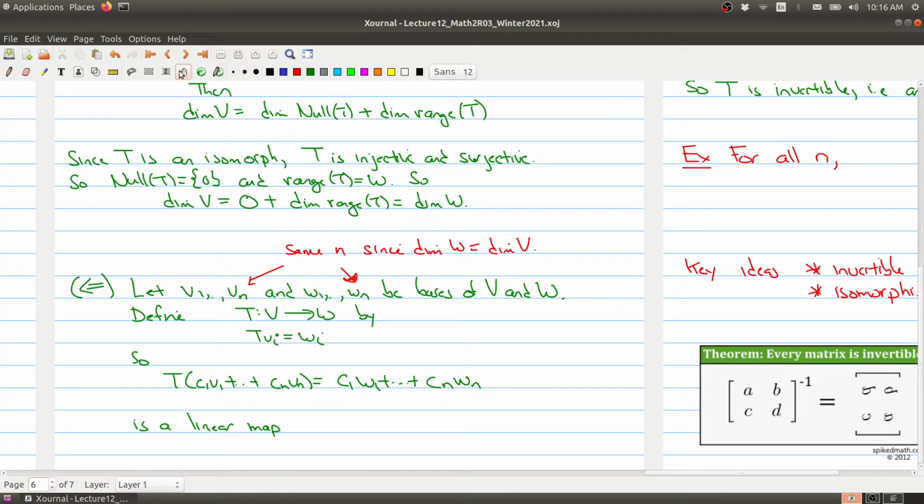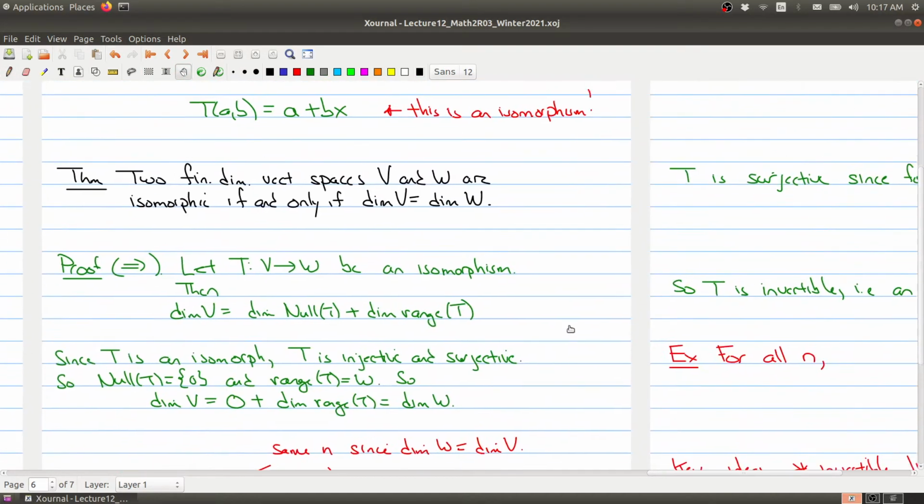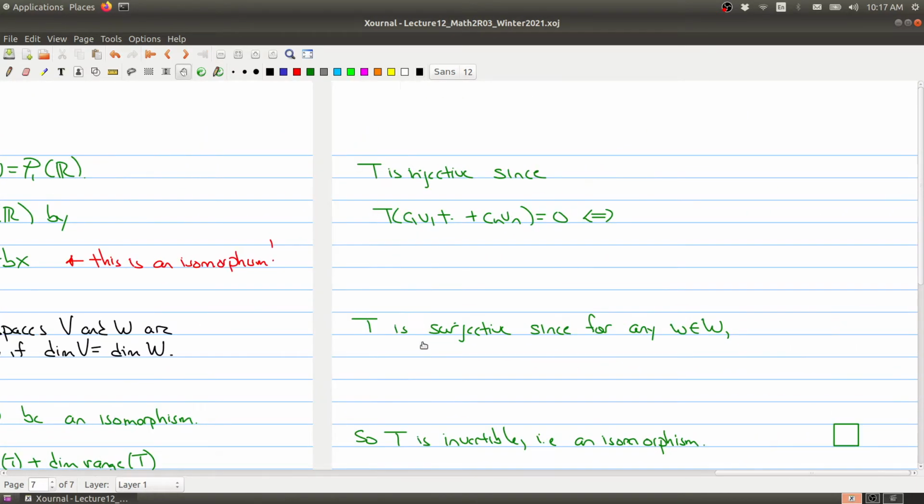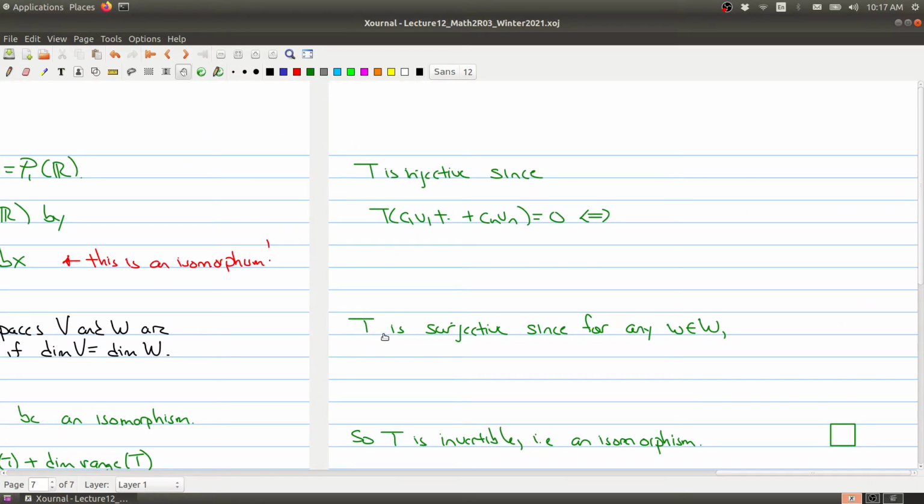So we have a linear map, and we want to show it's an isomorphism. It's enough, by what we proved earlier, to show that our map is both injective and surjective. It's injective since we're looking at what things get sent to 0. This thing gets sent to 0 if and only if C1 W1 up to Cn Wn is equal to 0, because that's what the left-hand side is equal to.